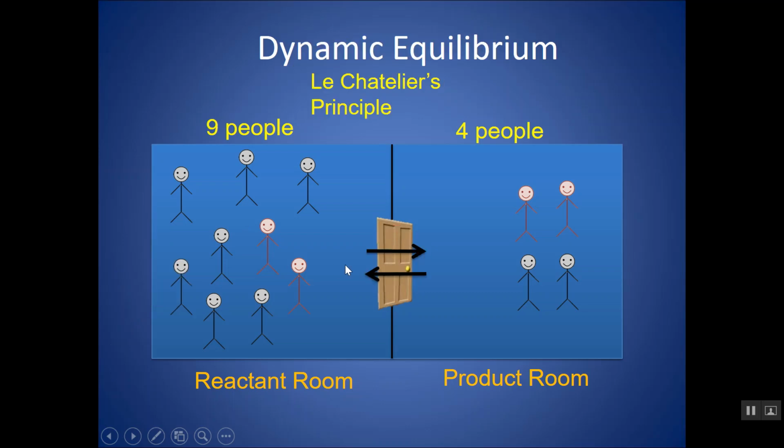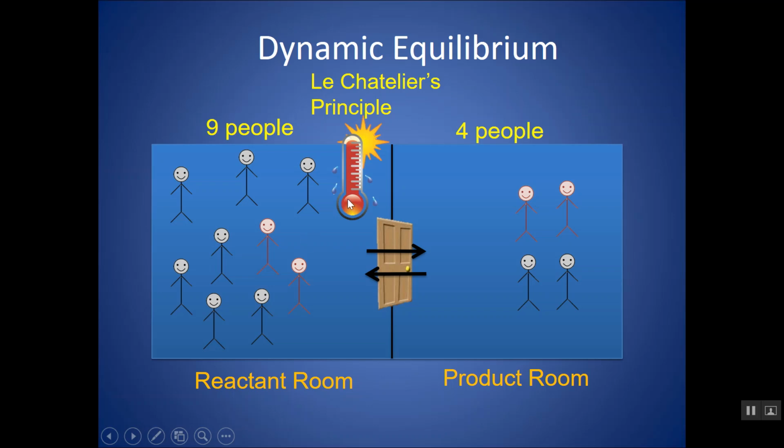Then we're going to learn something later in this chapter called Le Chatelier's principle. What is that? Well, it's talking about things you can do that will shift a system out of equilibrium and what's going to happen in order to return to equilibrium. So let's say, okay, all of a sudden I turn up the temperature in this room. What's going to happen?